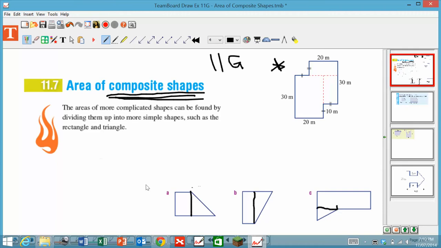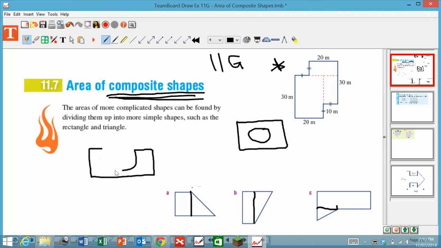Down the track, Year 8s, Year 9s, you might get shapes with circles cut out, or something like that cut out of it. That's what they call composite shapes. So it's made up of different types of shapes, put together to form what you have there. That's what a composite shape is.